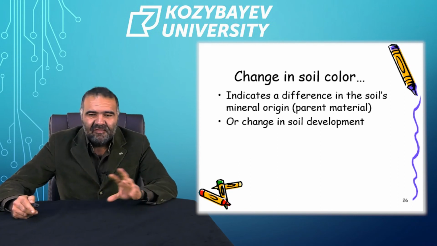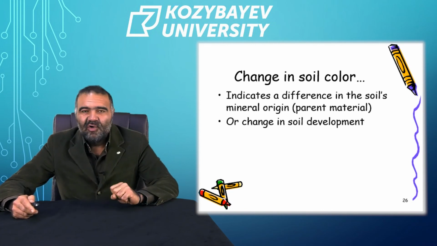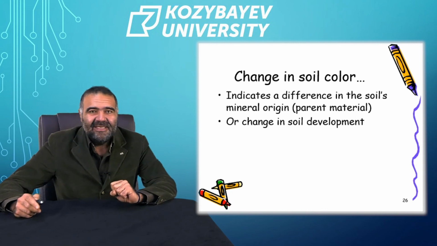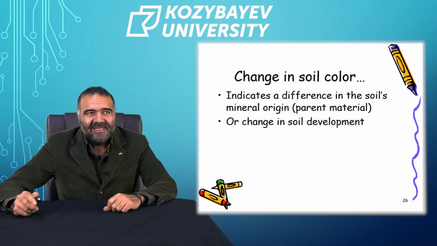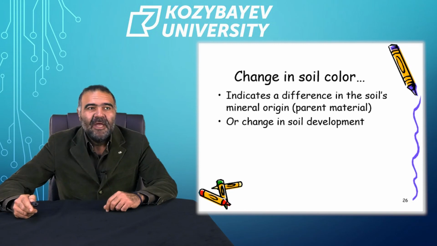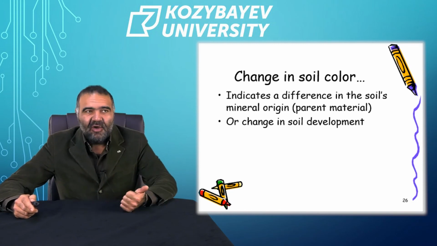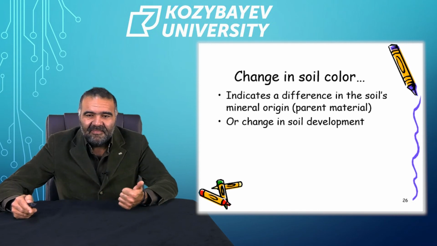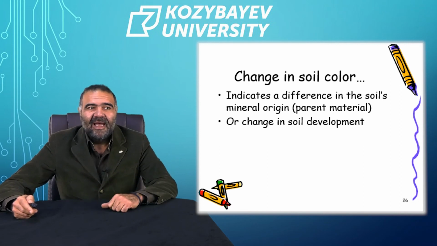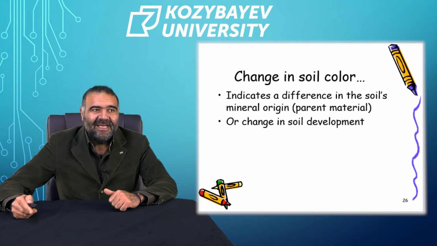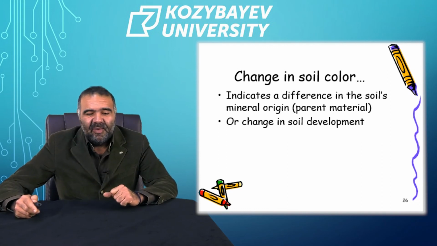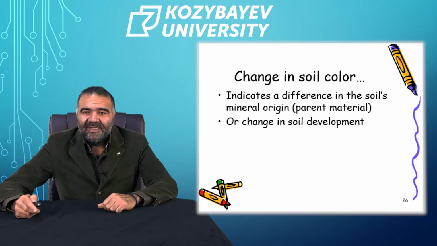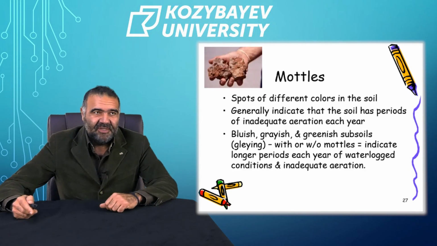Sometimes the change of color, the pattern of colors, indicates something important and provides us very important information, of course, about the mineral composition and the mineral origin of the soil, especially the parent material, or, for example, the change in the soil development, in the soil formation.